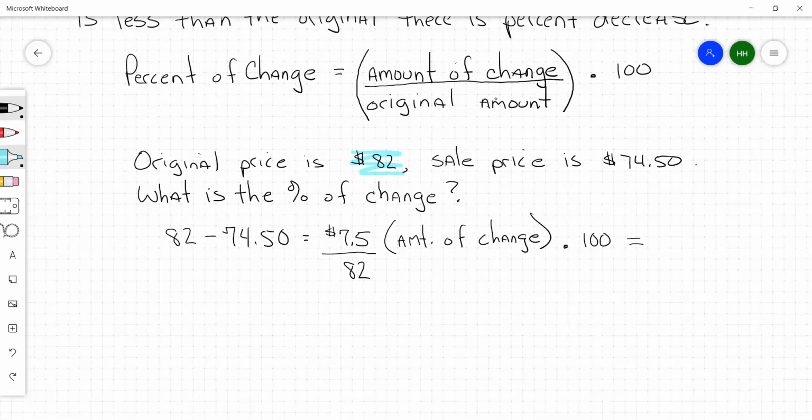You push times 100, and you get 9.15%. Now, is this a percent increase or decrease? Good. The price went down, right? So it's a decrease, meaning to go down.